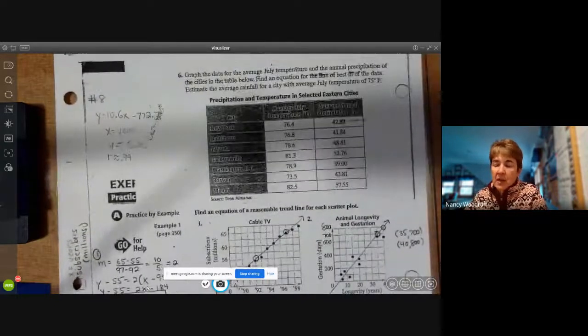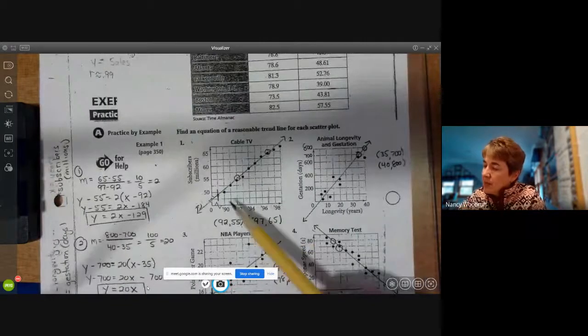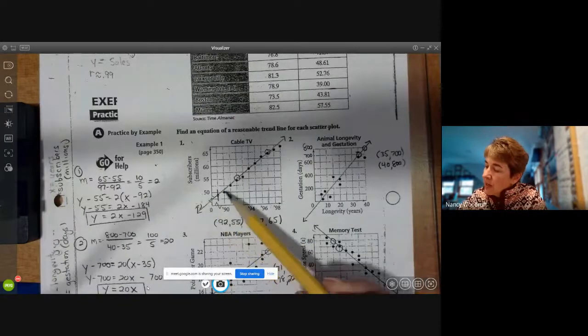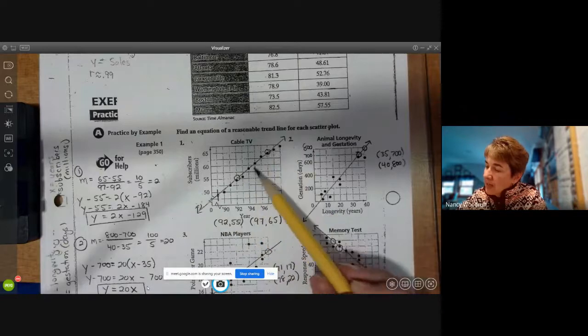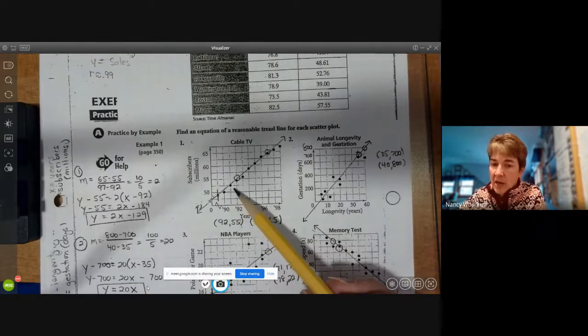Okay. So basically with number 1, the first thing you would have done was to draw a trend line through the center of the data. This data is really tight, so your equation should be close to mine on this one.